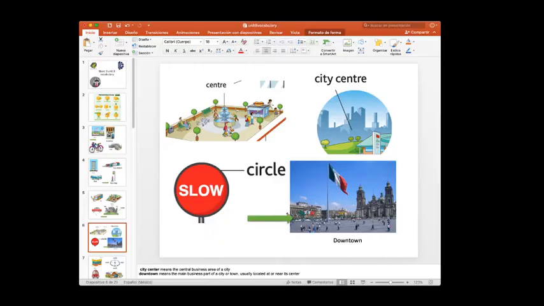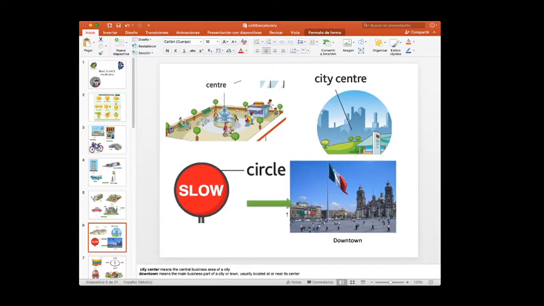But there are other cities where it is different. It could be, for example, something strange: the main business part of the city could be in Iztapalapa, something like that. It's an imaginary situation. And the real center of the city is the city center.